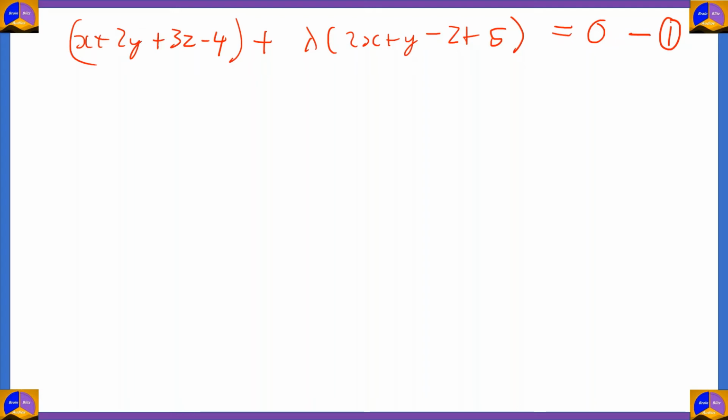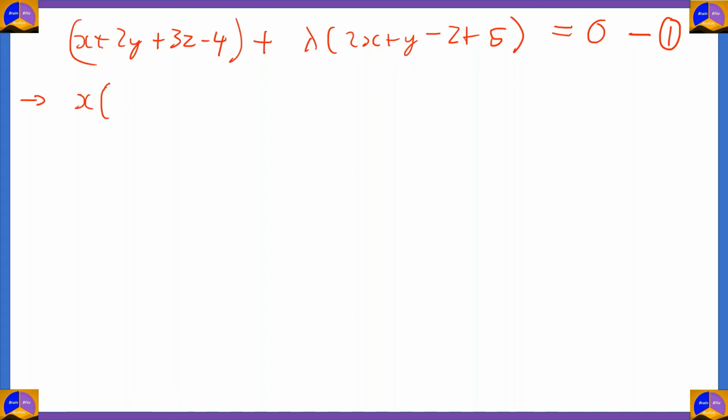So now let's convert this equation in the terms of lambda. So we're going to be writing each x component, y component, and z component separately. So let's take x outside.